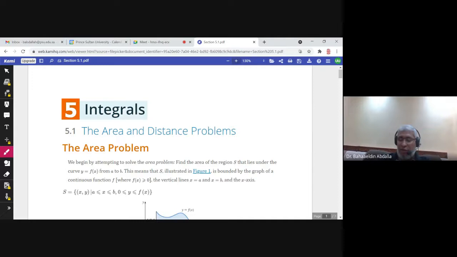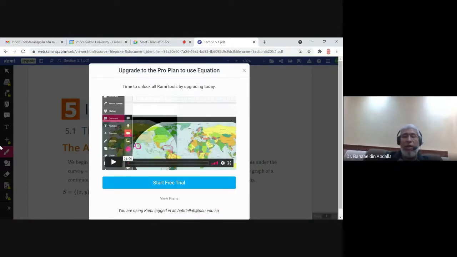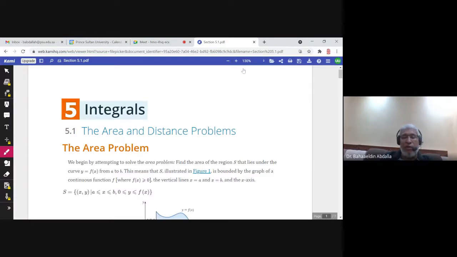This is the first lecture in Math 113 Calculus 2. We continue Calculus 2 from the same book in which we studied Calculus 1, which is the 9th edition of the book of Stewart and others called Calculus Early Transcendental Functions.